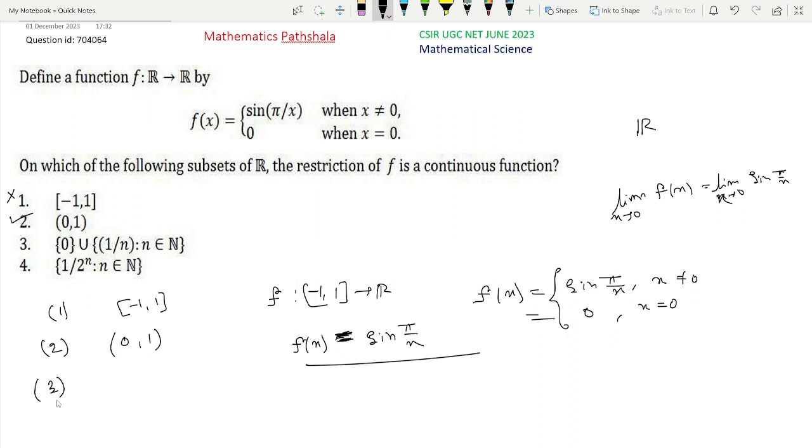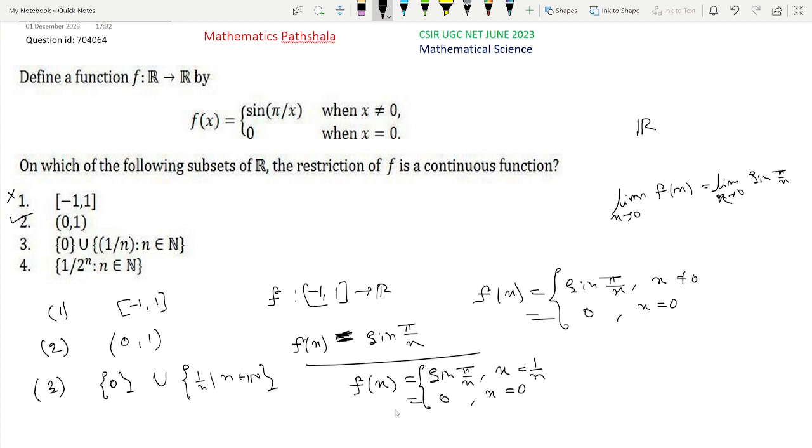Now take option 3. The domain is the singleton set {0} union {1/n : n belongs to N}. Let me write the function: f(x) = sin(pi/x) when x is not equal to 0, that means x equal to 1/n, and 0 when x equals 0, because the function is the restriction map of the given function.